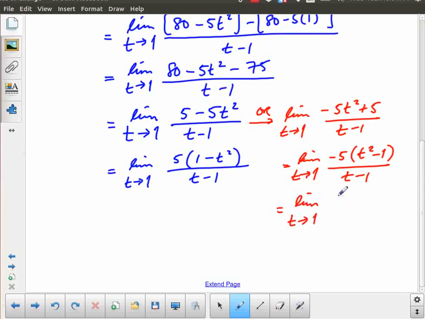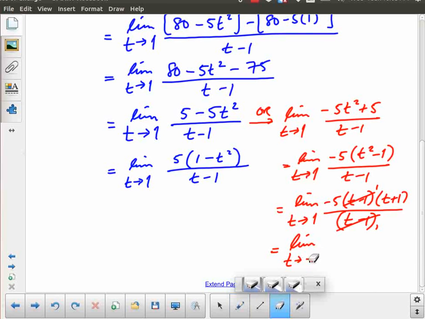The limit as t approaches 1 of negative 5, t squared minus 1 is a difference of squares. That's t minus 1 and t plus 1, all divided by t minus 1. And then you recognize that t minus 1 divides out with t minus 1, and we just end up with the limit as t approaches, not negative 1, positive 1. And this is going to be of negative 5 times t plus 1.